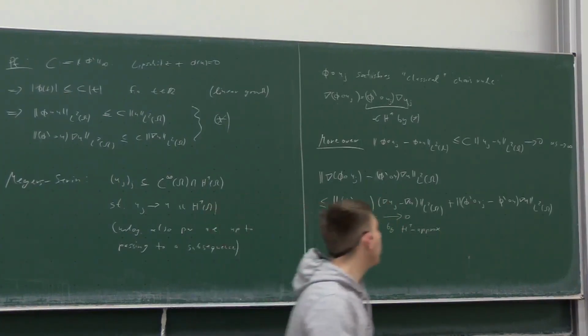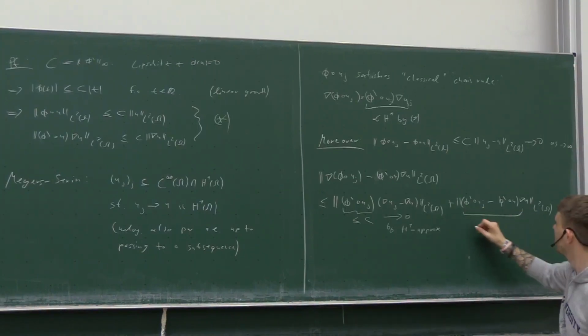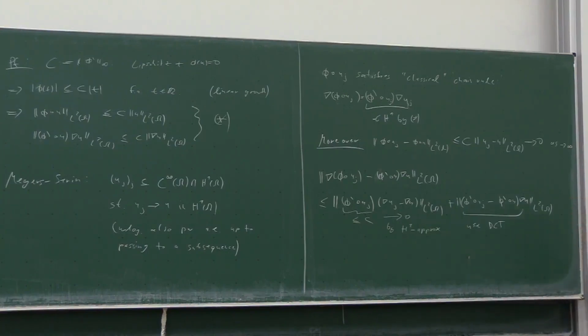And for the second term, here we have to look a bit closer. What we want to do is use the dominated convergence theorem. We can certainly apply it because this is in L2 and this function is bounded. So if I get pointwise that it goes to 0, I can apply dominated convergence and everything will be good.